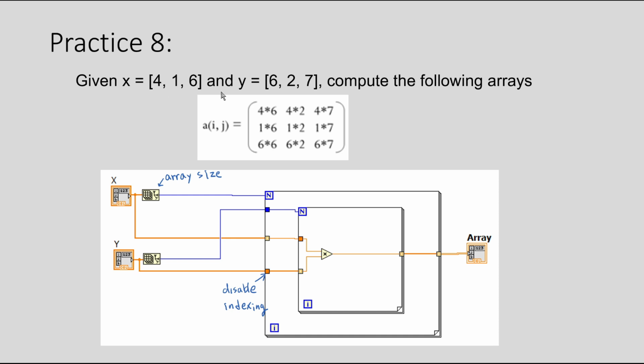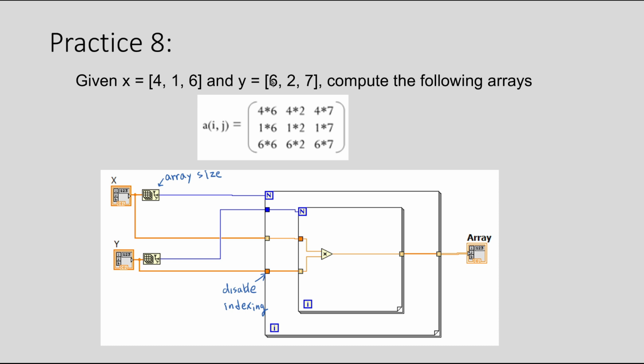The first element of X is multiplied with 6, 2, 7 to make the first row, and then the second element of X is multiplied by 6, 2, 7 to become the second row of your two-dimensional array, and so on. So you see the pattern.